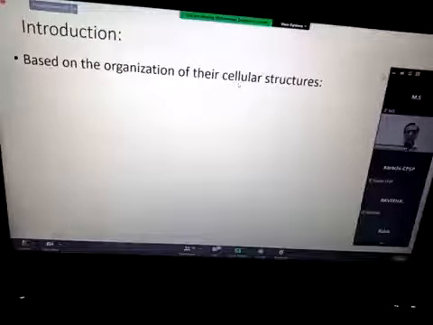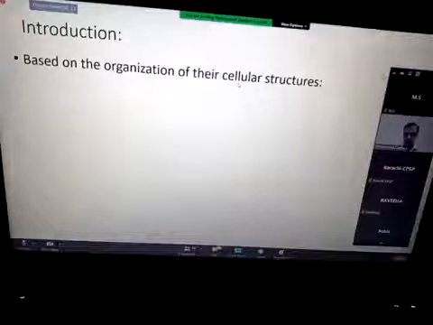So I start with an introduction on the base, like when we divide the cellular structure. You know that there are trillions of types of cellular structures if we talk about ourselves.